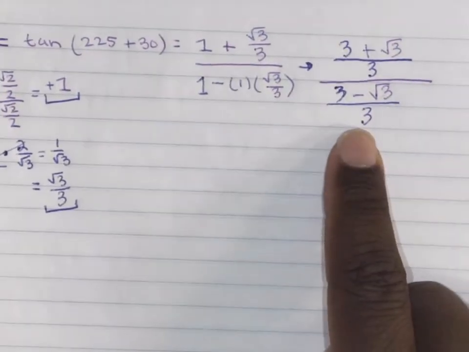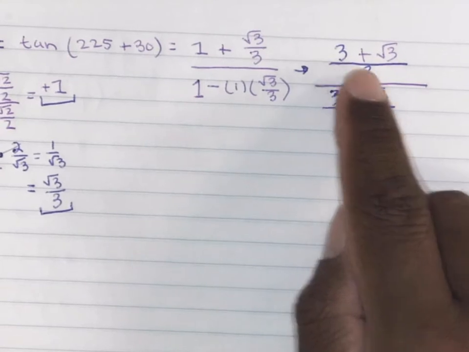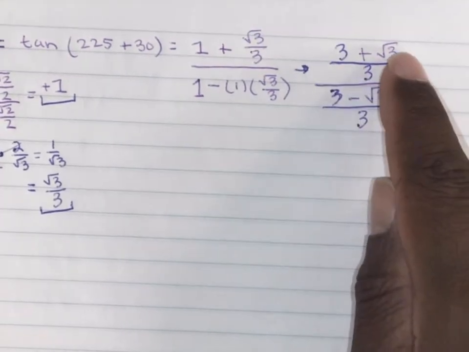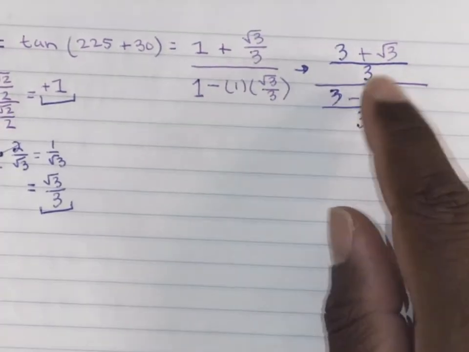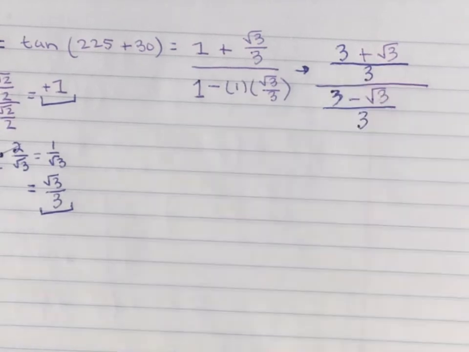So what I did is just combine them. I wrote the ones to be 3 over 3, and I already had root 3 over 3. So they're both over 3, so I just put them together.